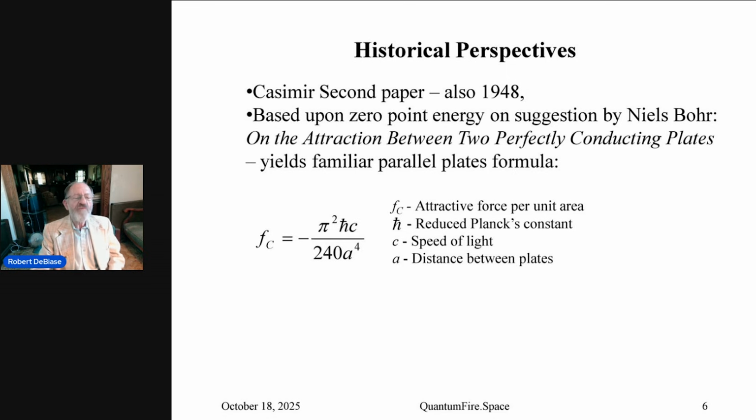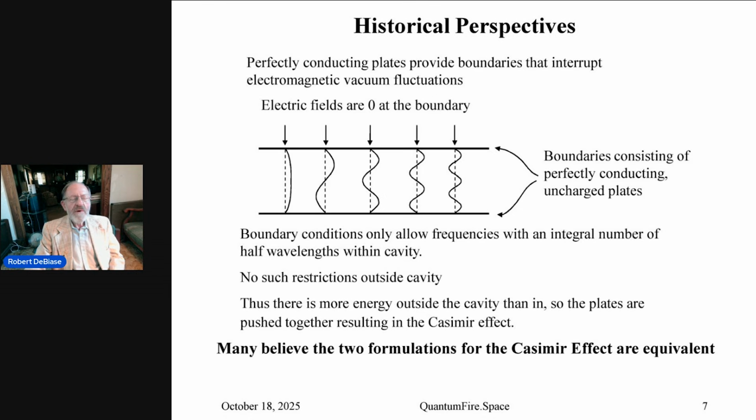And it yields this familiar parallel plates formula. It's based upon the boundaries consisting of perfectly conducting uncharged plates.